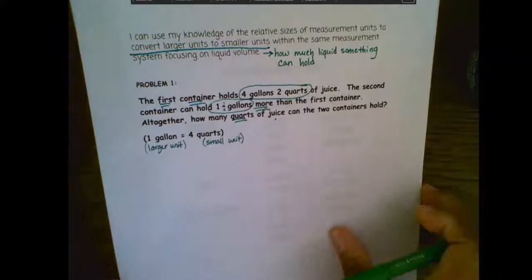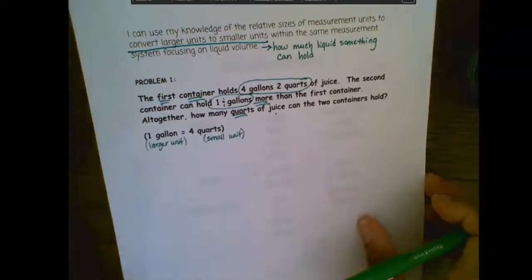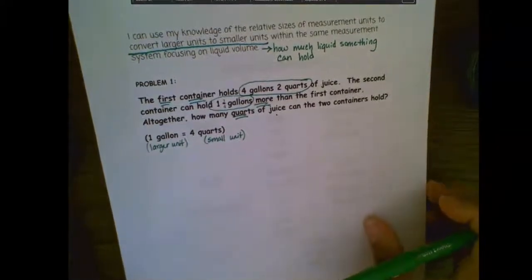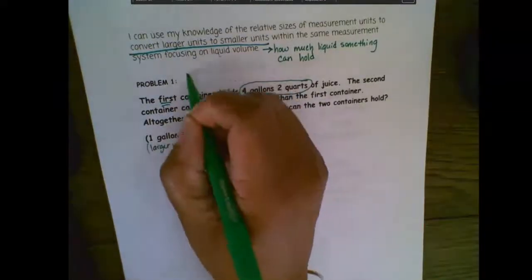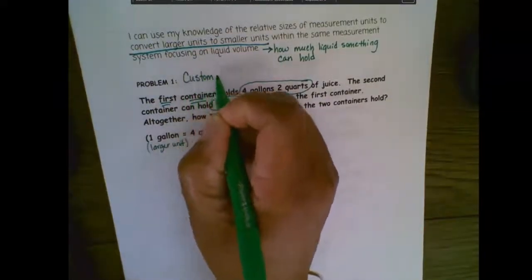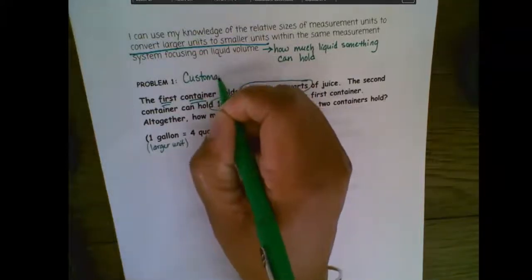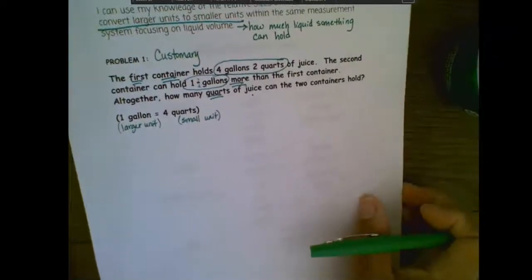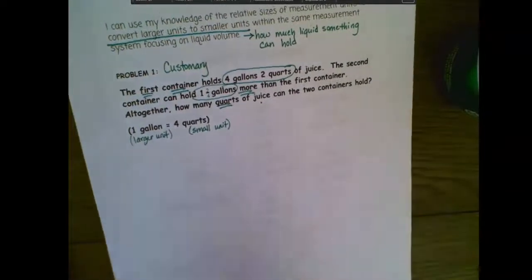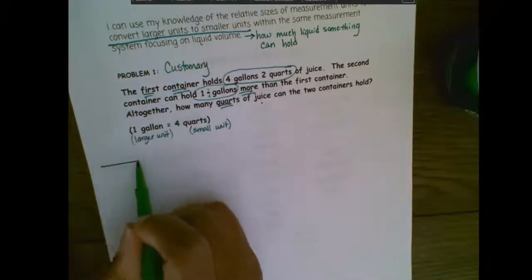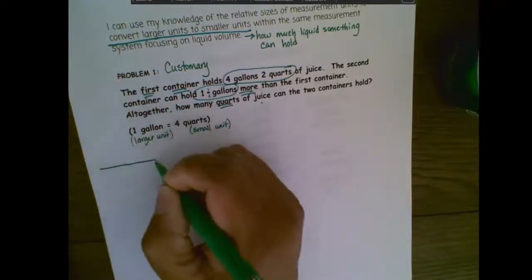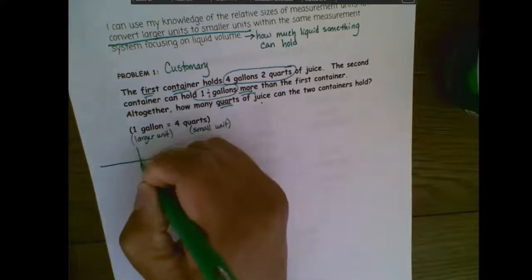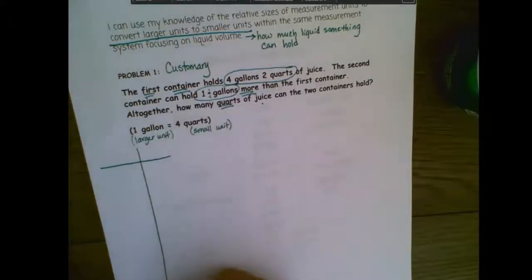Okay? So I am going to come over here, and again, we're looking at the customary unit of measurement system. I'm going to come right off to the side. And I'm going to draw my 2-column chart, which we also refer to as our T-chart. It's a 2-column chart, and I'm going to make it kind of long.